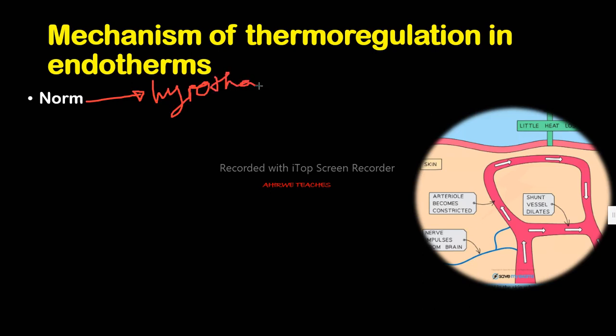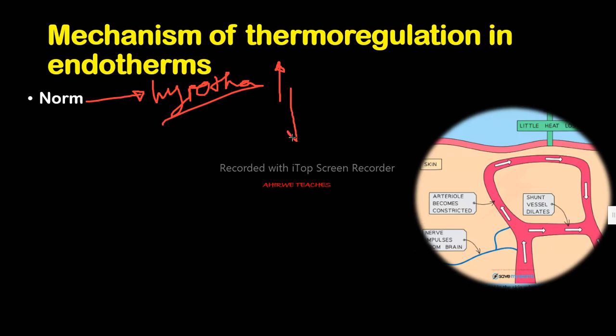It is this hypothalamus that has that reference point, that critical point, over which body temperature is going to be set. If it goes high, then the hypothalamus is going to know that it has gone higher than what we need.